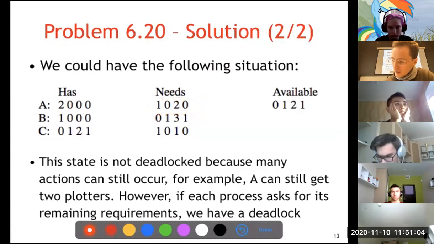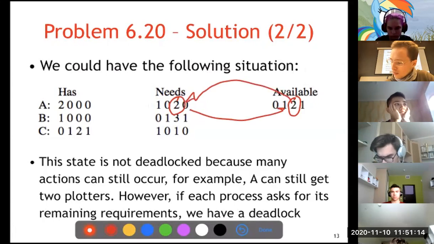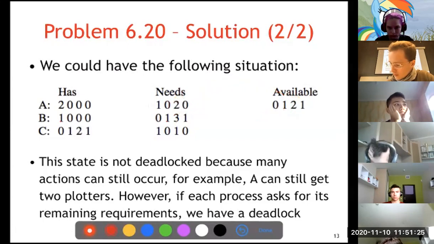But it needs, for example, two plotters. We have two of them available. What if we can use these two plotters and return them back? And now we will need 0 plotters. You see? And the same can go for all the other resources. I get it, thank you so much.